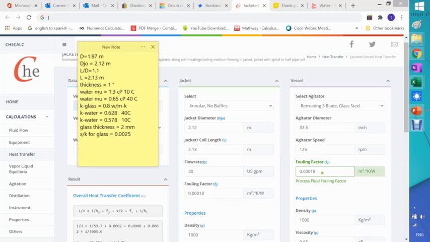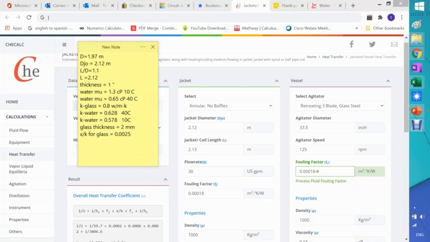Now, going back to the fouling factor of the reactor, I would say this is 0, except the thickness of that glass lining is about 2 millimeters. So to make the story, oops, I think that I erased what I'm not supposed to. I think that was 2.12, I believe. Yeah.